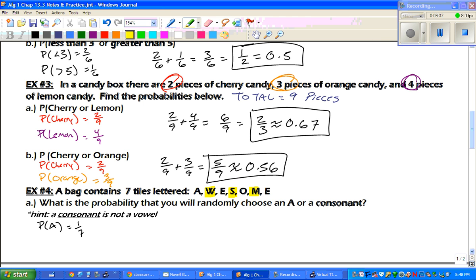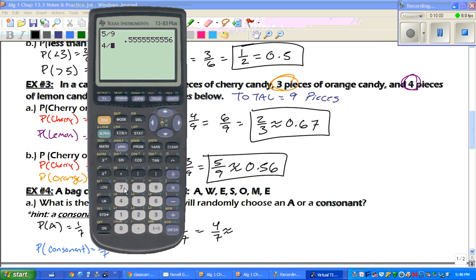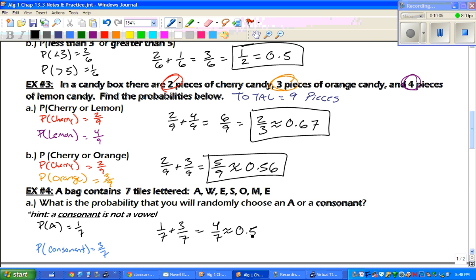So, not a vowel, not a vowel, not a vowel. So, the probability of a consonant was 3 out of 7. So we just add those up, and we get 4 out of 7, which we cannot reduce. And when you divide that out, you get 0.57.